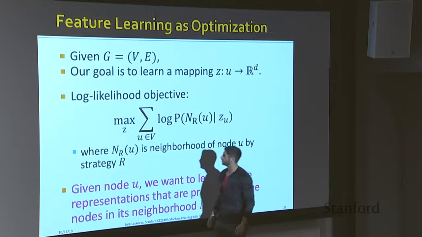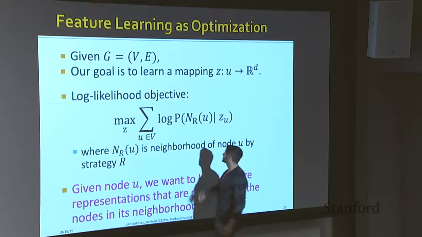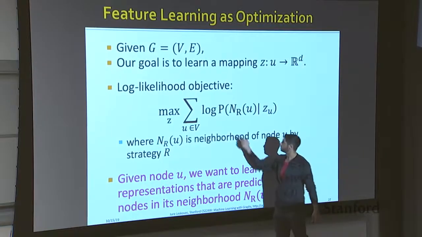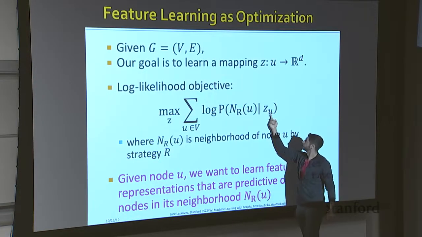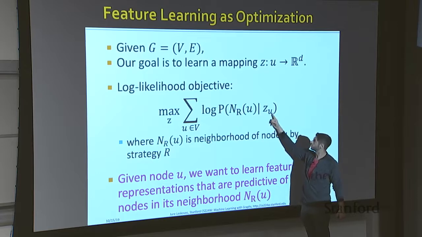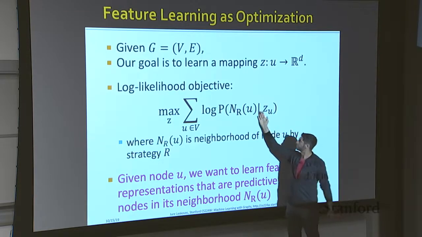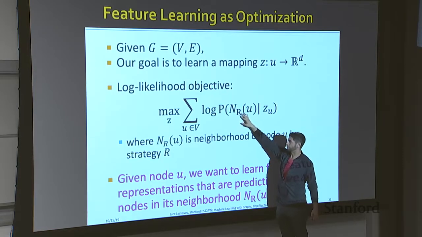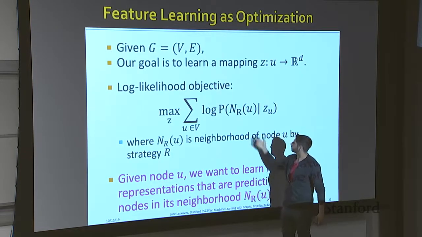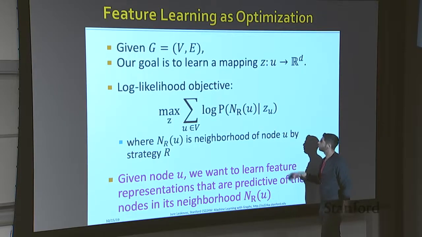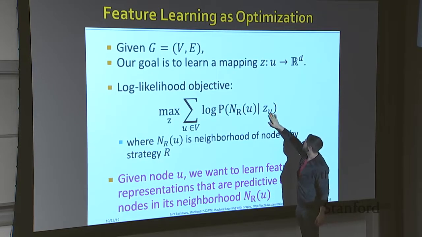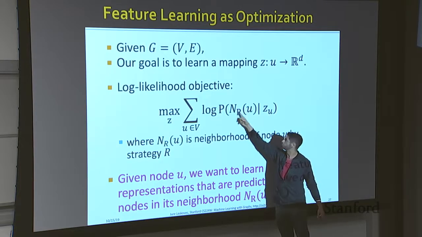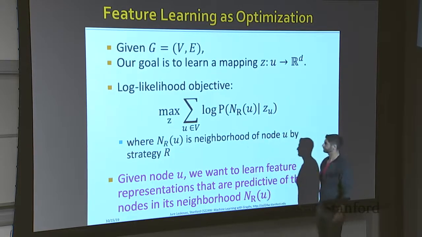We're going to try to maximize this expression, which is the conditional probability of, given the vector representation of our node u, finding the neighborhood that we defined before with our strategy R. We want to maximize the probability that the vector representation of node u is going to be close to the representation of the neighborhood.